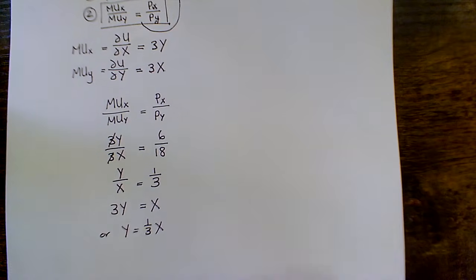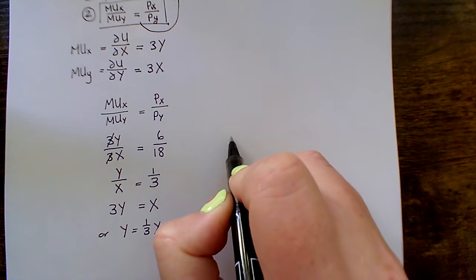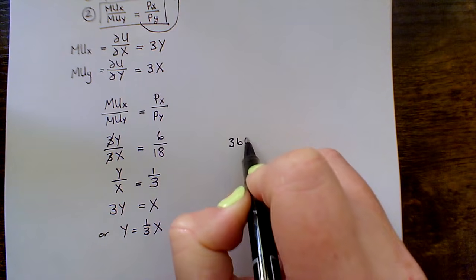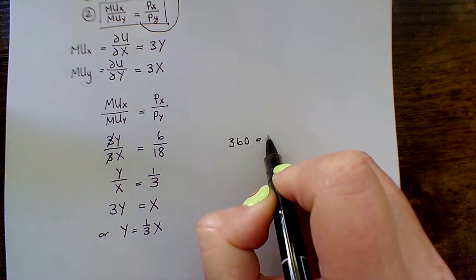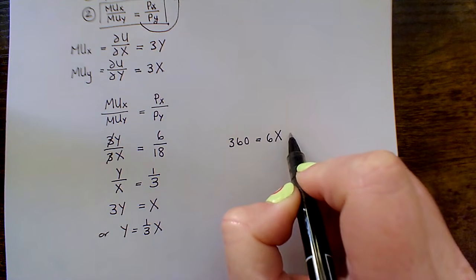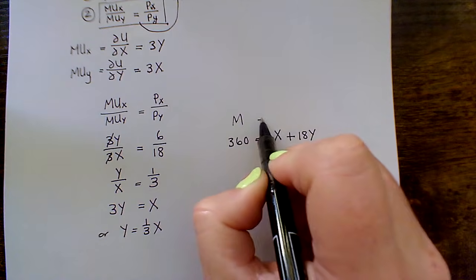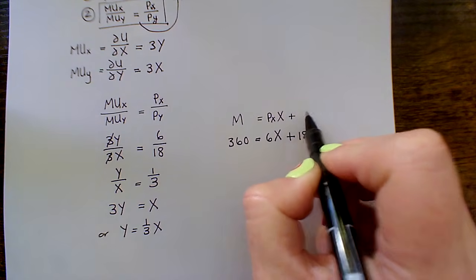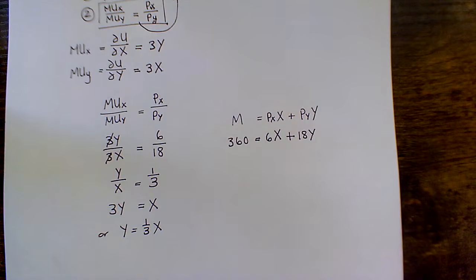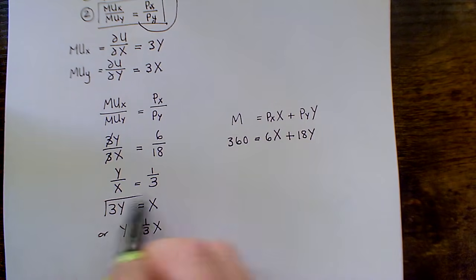So now I start with my next condition. My budget constraint is 360 is equal to the price of X times X plus the price of Y times Y. So this is me writing out M is equal to PXX plus PYY. I'm going to use this one because it looks slightly simpler.